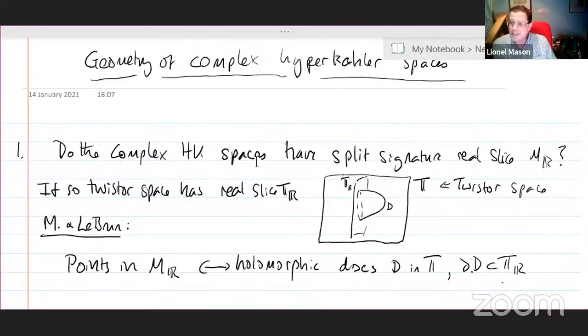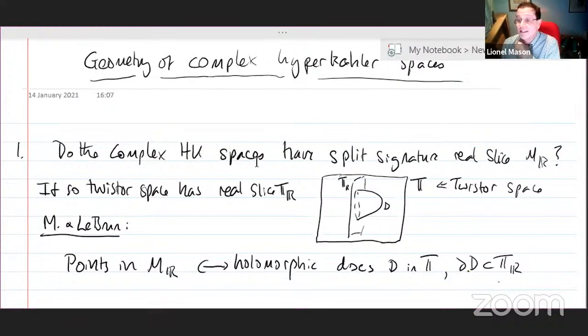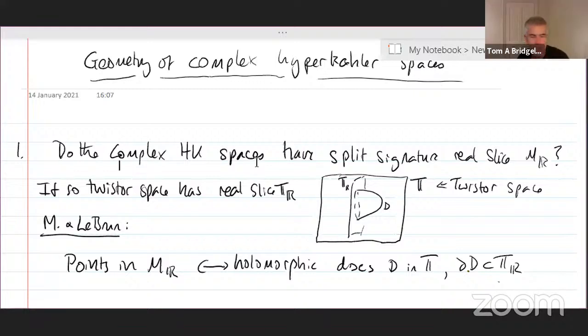The reason I was thinking that is that if you take Z to Z bar and theta to minus theta at the same time, it looked to me like that was a real slice, but I might be missing something stupidly. What do you think? Yeah, I'm not sure. I would have to think about that.